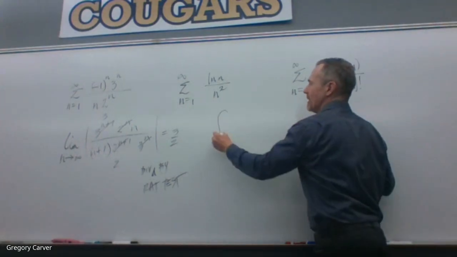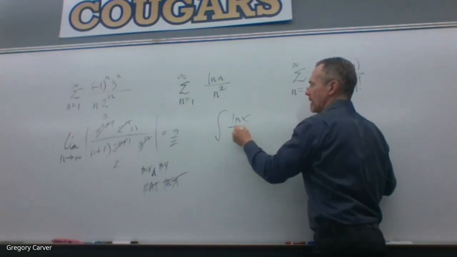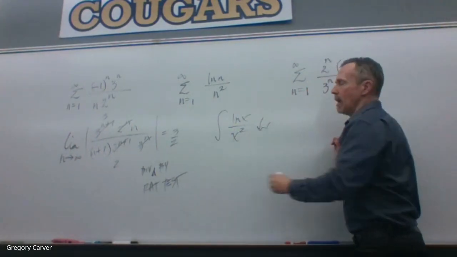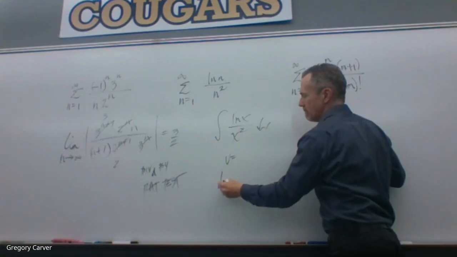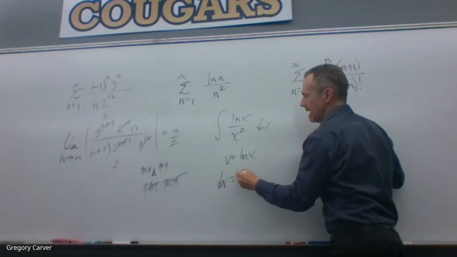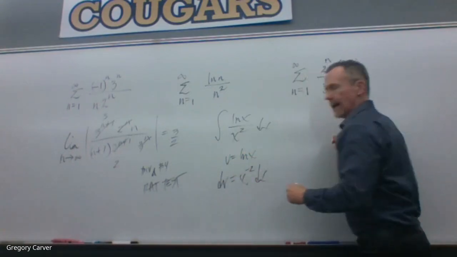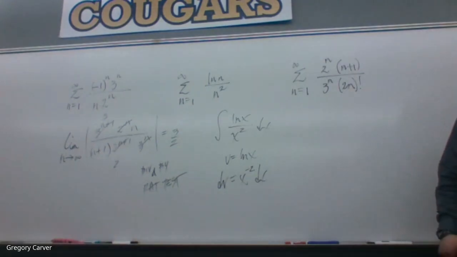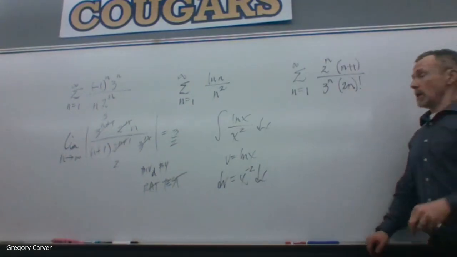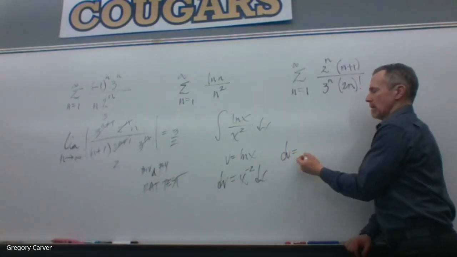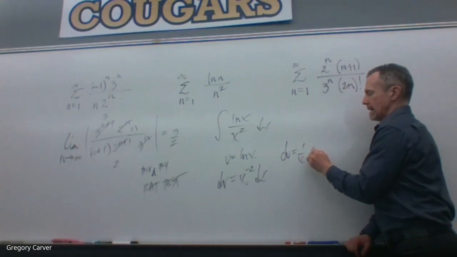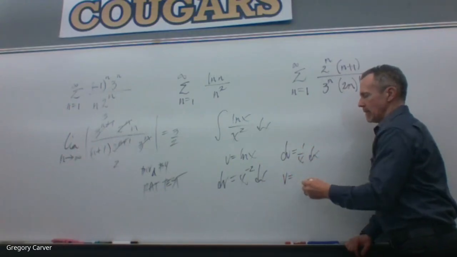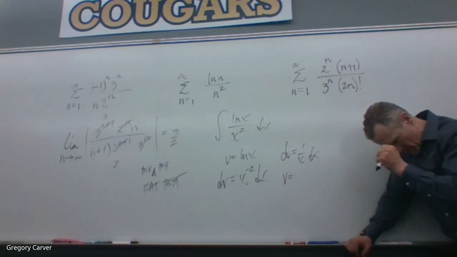All right, here we go. I'm going to integrate natural log of x over x squared dx. My u, Grayson, is what? ln x. My dv then is x to the negative 2 dx. It's important that it's location sensitive for parts, right? All right, Juliana, du is 1 over x dx. V then, Tim, is what?